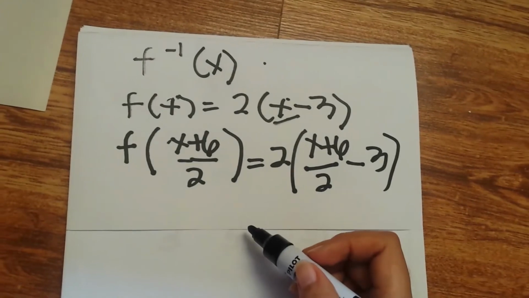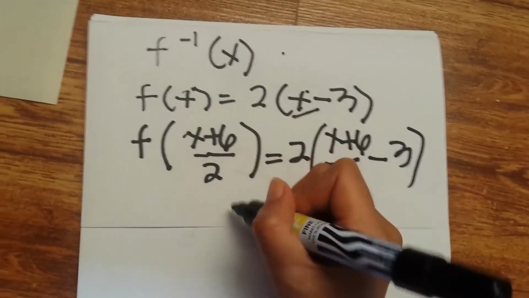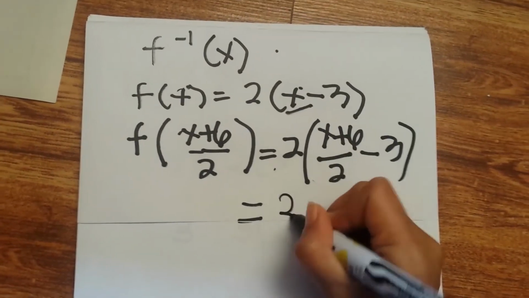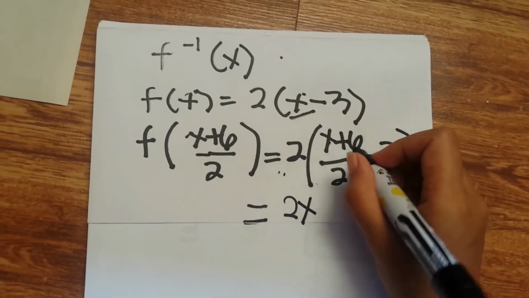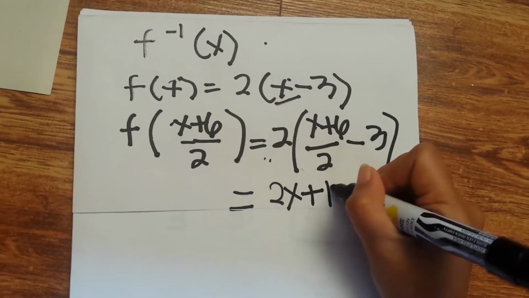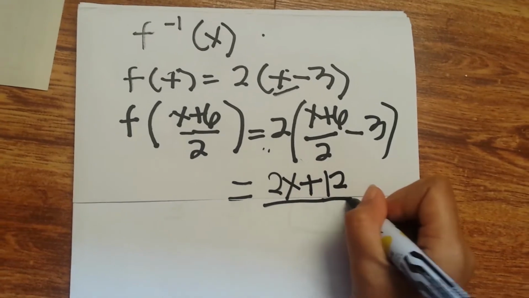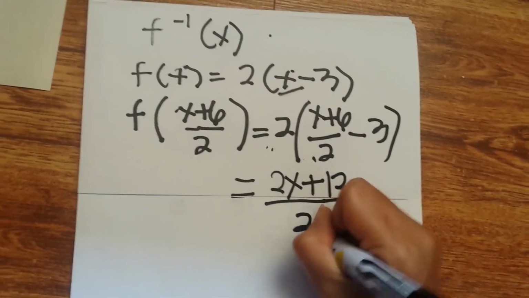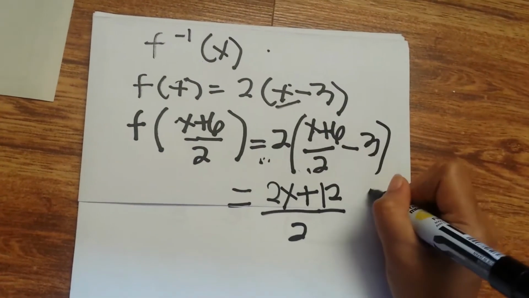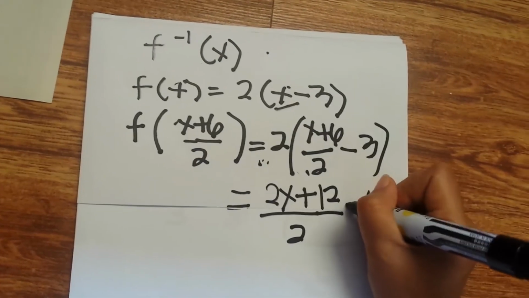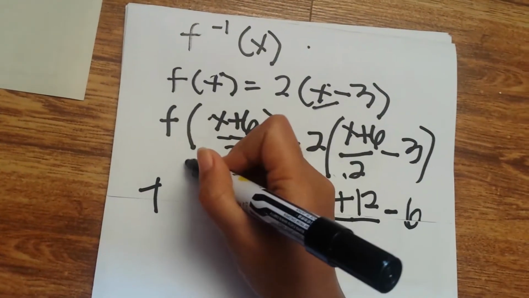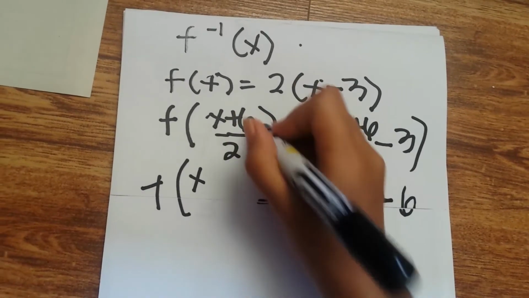And we will use again the distributive property. So 2 times x equals 2x, 2 times 6 equals 12, so plus 12 all over, copy the denominator, and 2 times 3 equals 6, copy the negative sign.